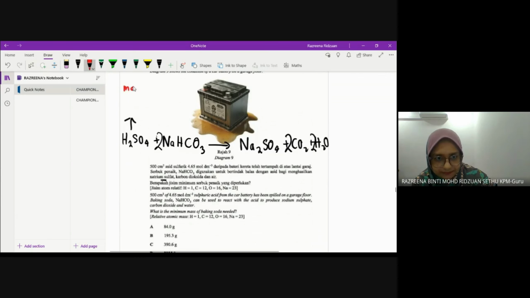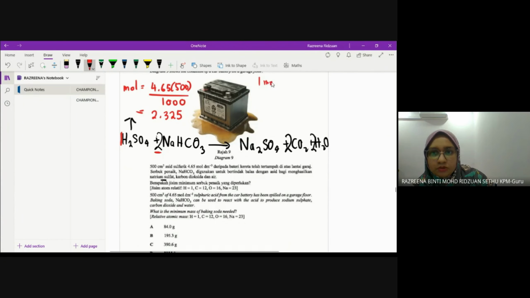Let's find the mole of acid first. MV over 1000. 4.65 times 500 divided by 1000 is 2.325. What they are asking is the minimum mass of baking soda. If this is 1 mole, this is 2 mole.